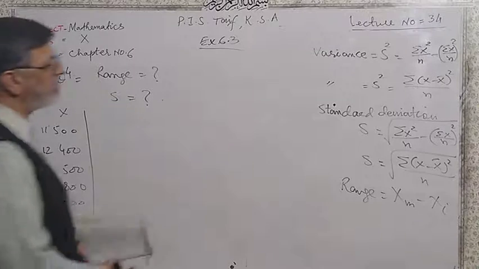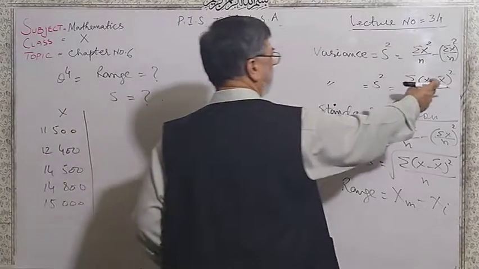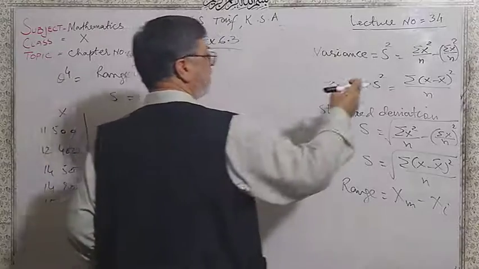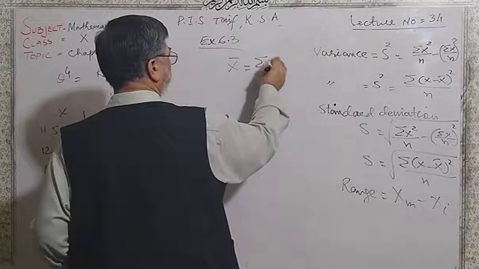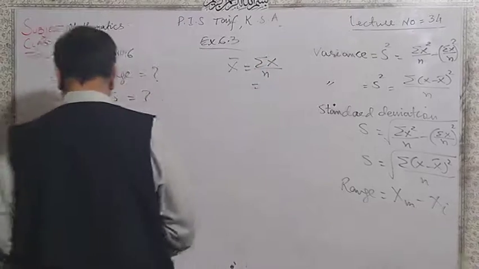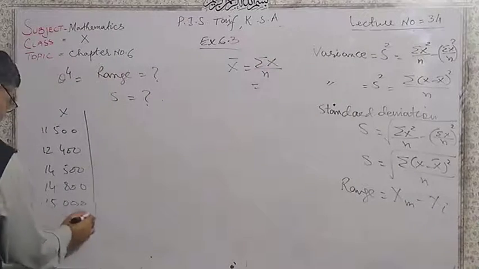You know that if you want to apply this formula, you have to find x bar. So what about x bar? Sigma x over n. So what is sigma x?